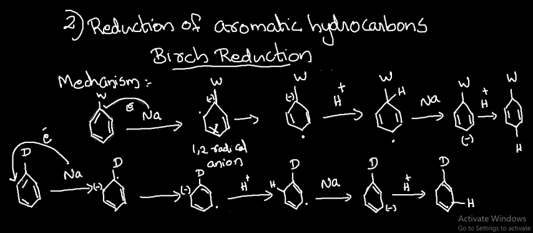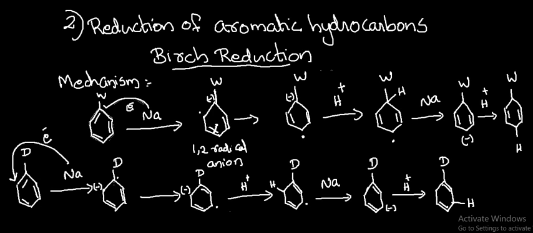So here it will undergo homolysis and one electron will be here, one electron will be here. Then when sodium metal transfers one electron to the ortho position, a negative charge will be formed at the ortho position and one electron formed at the ipso position.